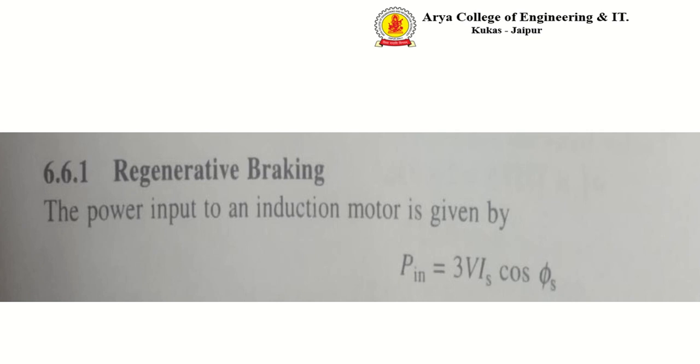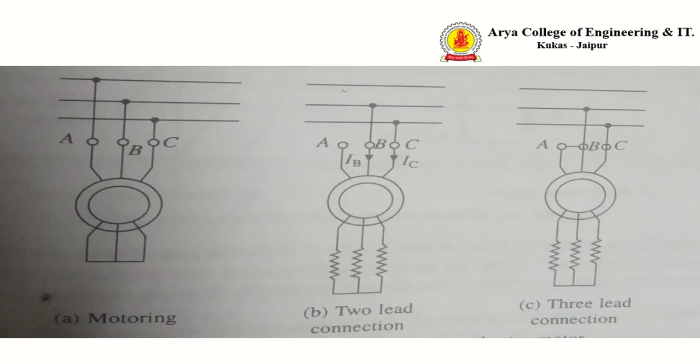For motoring operation, the phase angle is less than 90 degrees, and motoring operation means the motor operates in normal operating condition. Now we discuss regenerative braking, which is a braking operation.